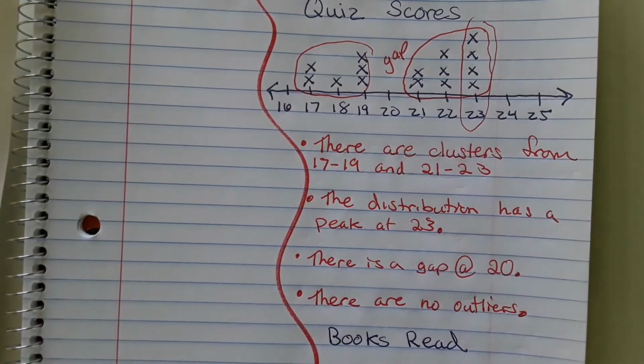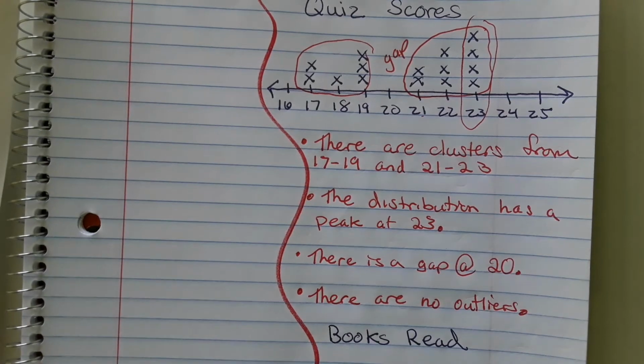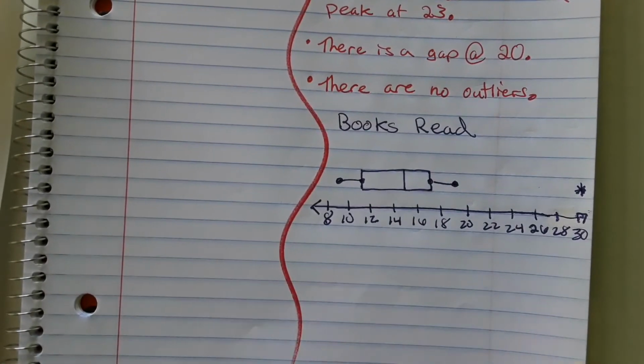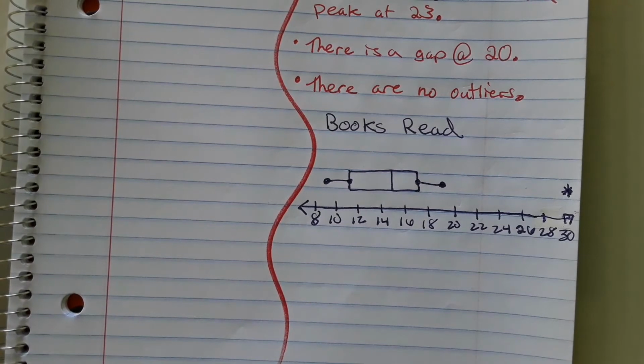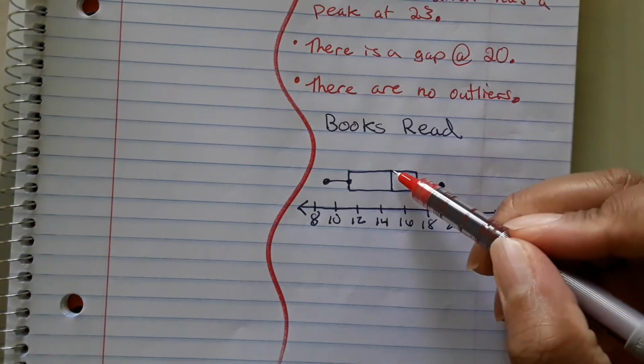All right, so you've had your first practice interpreting a line plot. So let's go to a box and whiskers plot, or a box plot. So here for the box plot, we see the number of books read. So it's books read. We're going to describe it. So we note that the median is the line inside the box.